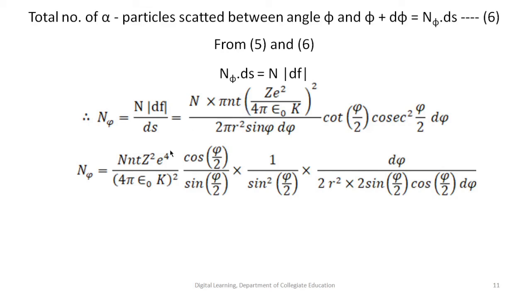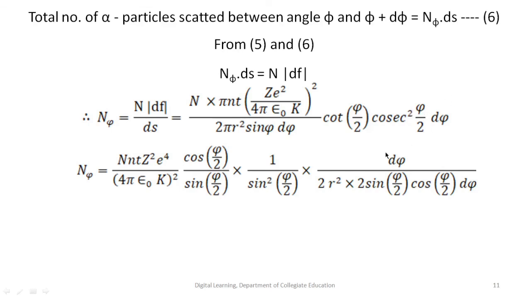So ಇದರಲ್ಲಿ N pi will get cancelled, Z square e power 4 after squaring, here 4 pi epsilon naught K whole square ನ ಒಳಗಡೆ ತಕೊಂಡಿದೀವಿ. Then part theta ನ cos phi by 2 divided by sin phi by 2 ಅಂತ ಬರ್ಕೊಬಹುದು.